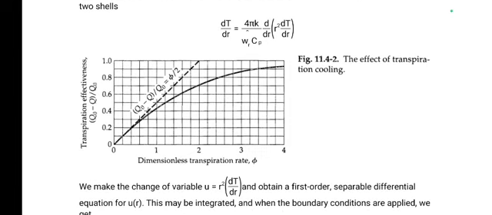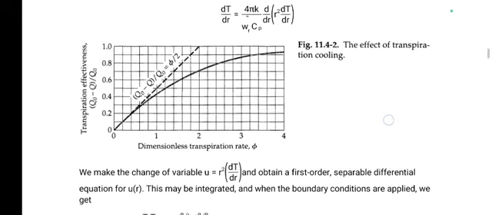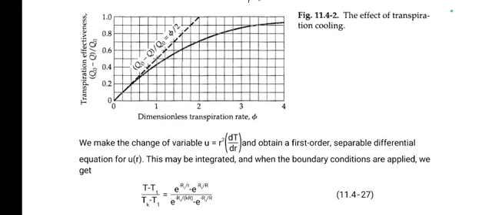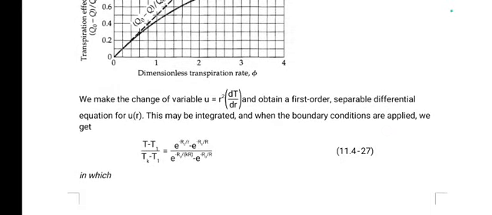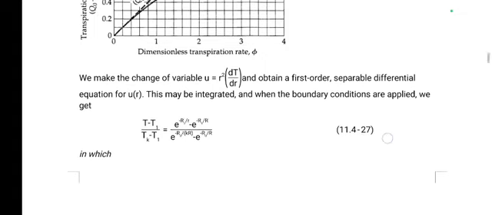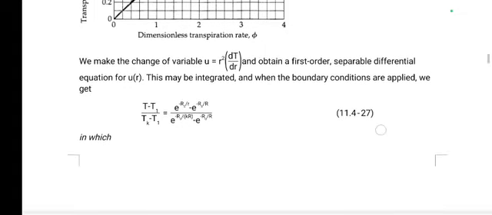Here is a graph between transpiration effectiveness and dimensionless transpiration rate. We make the change of variable u equal to r squared dT by dr and obtain a first order separable differential equation for u(r).